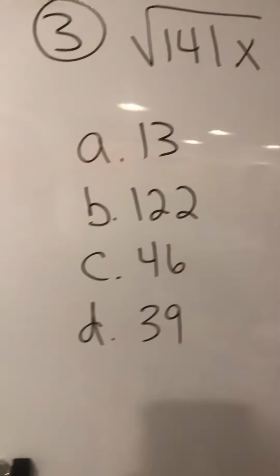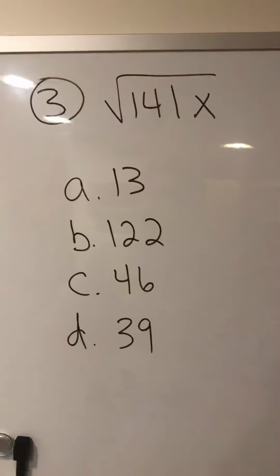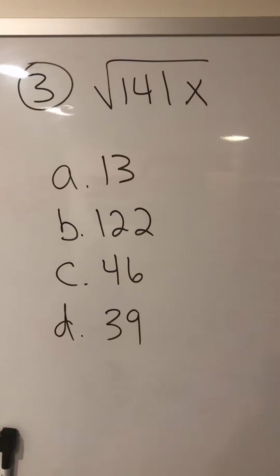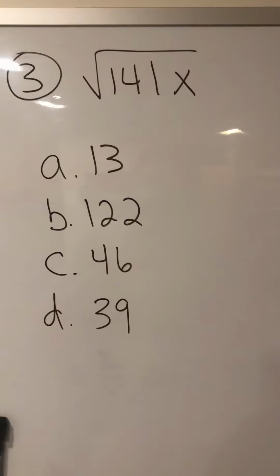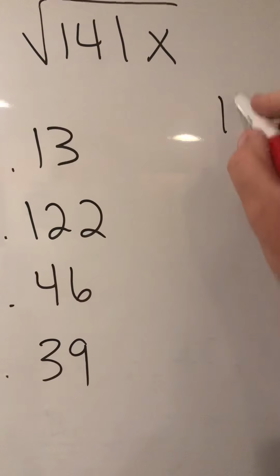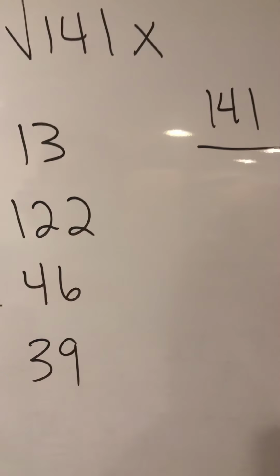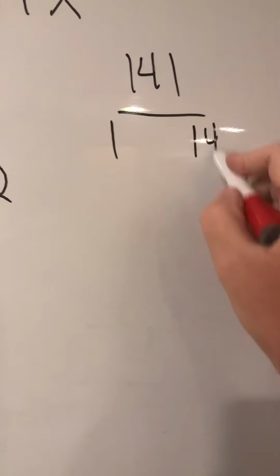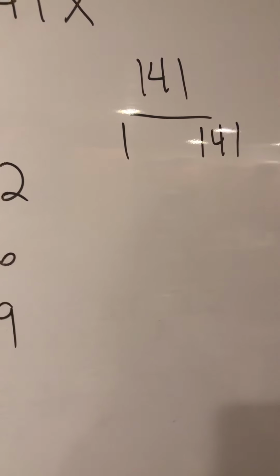Now, going over here to number 3. This is a little weird, okay? 141 times x. They're not giving us a number. The way that we have to do this is we're going to take 141 and break that down. And 141 is 1 times 141, okay?